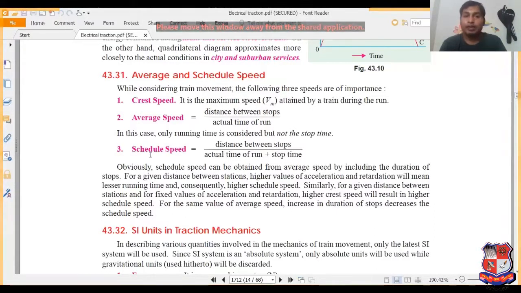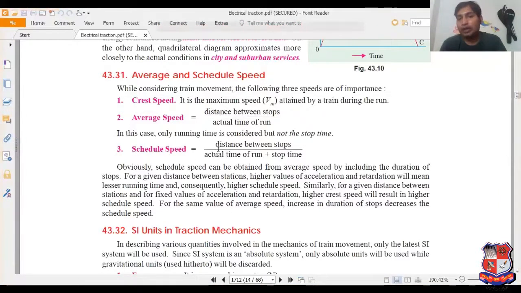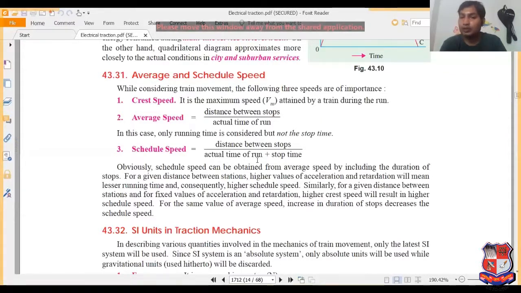Then we have another interesting speed, that is scheduled speed. It is the distance between two stops over the actual time of run plus stop time. So there is a fine difference between average speed and scheduled speed, and that is that scheduled speed also considers the halt time, the stoppage time. That's why scheduled speed will always be less than or equal to average speed.